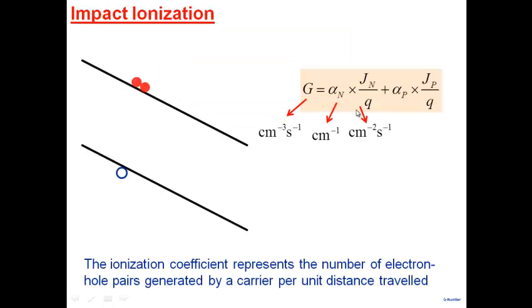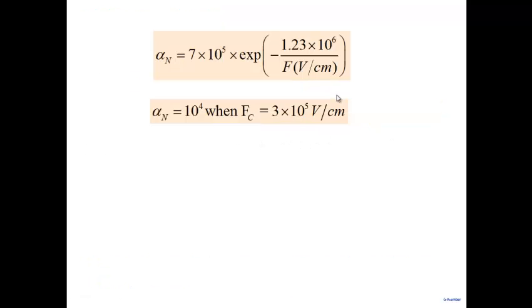So the probability that an electron causes impact ionization is alpha times dx. Okay, and when alpha reaches 10 to the power 4, and if I multiply it by 1 micron, you can see the probability is reaching 1, which means that if my electron is facing a field of 3 times 10 to the power 5 and it travels a distance of 1 micron, the chances are that it's going to create one electron hole pair.